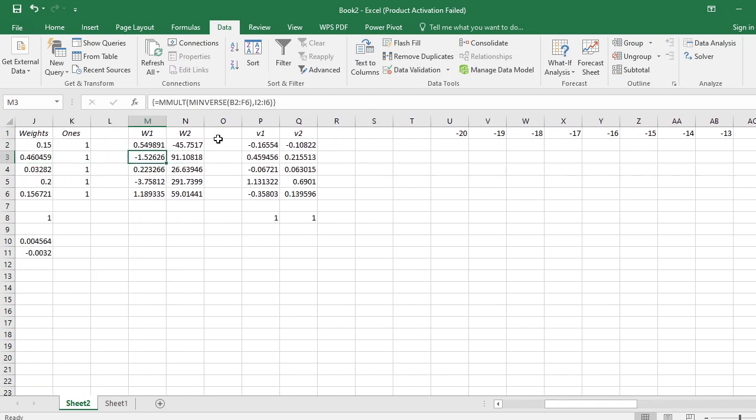So how we're going to do this is, remember the alpha weight times 1 minus alpha weight kind of thing.